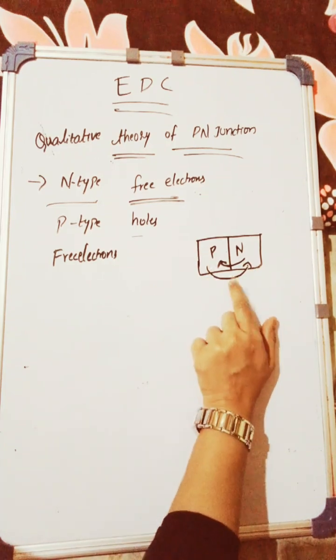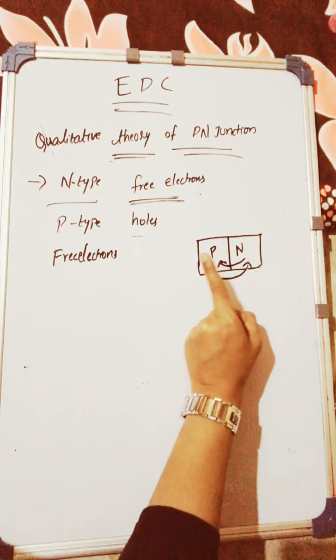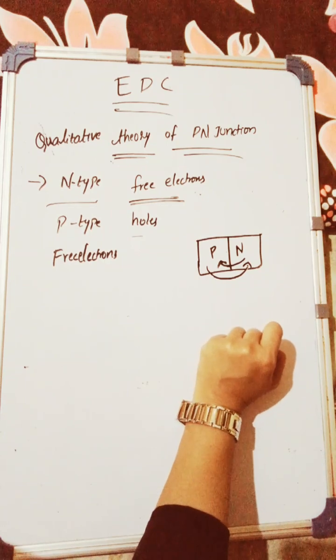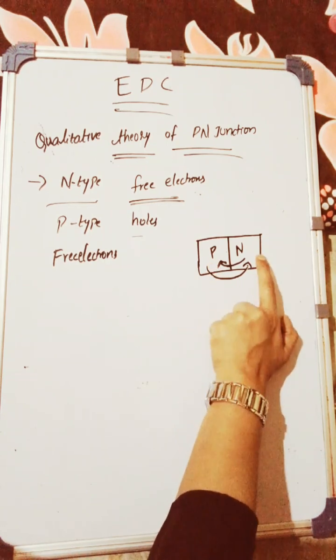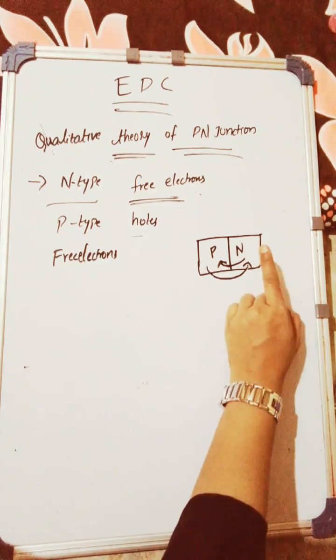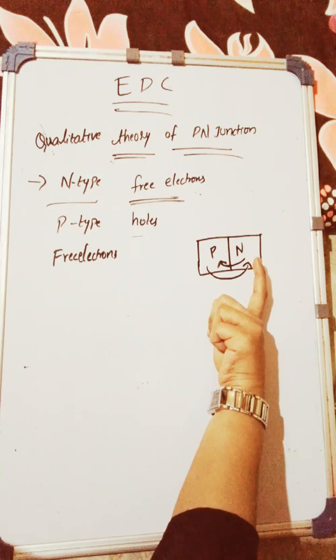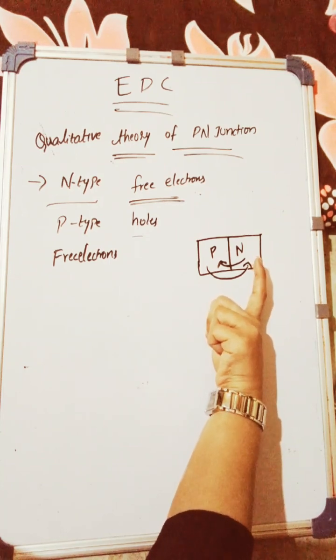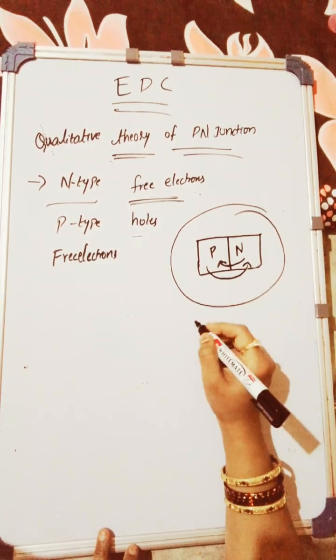From the n side electrons diffuse, and from the p side holes diffuse to the other side. This entire process is called diffusion.